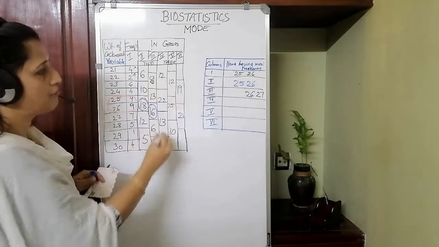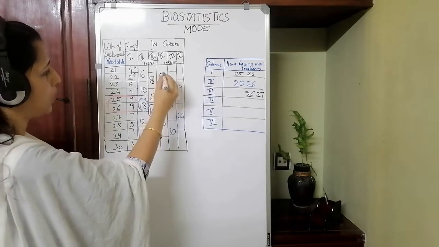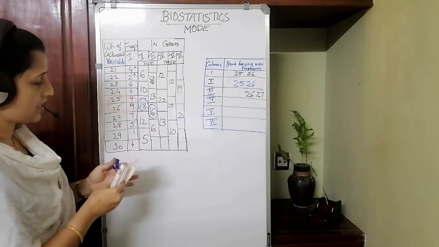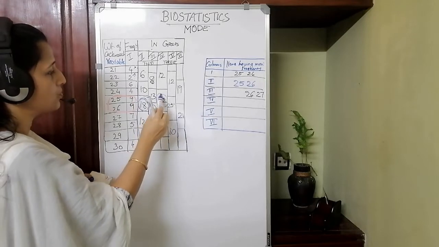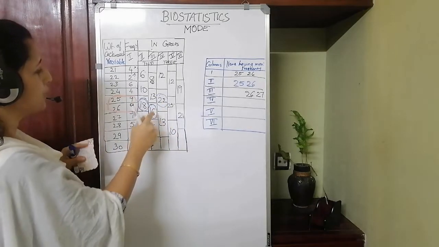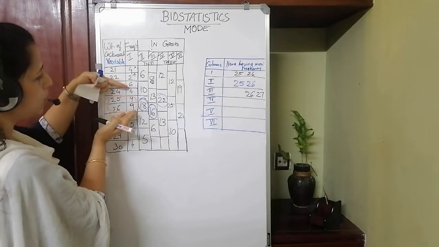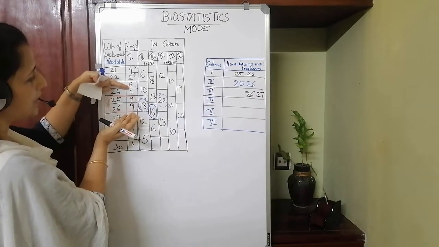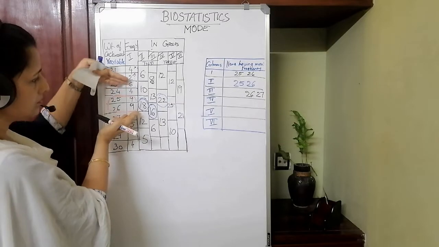Now moving to the fourth column. In the fourth column, the maximum frequency is 22. This 22 we got by adding 4 plus 9 plus 9.